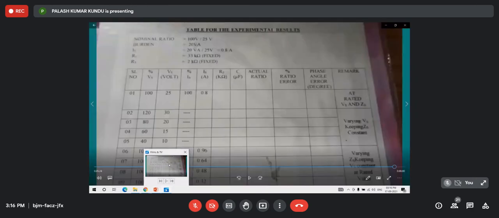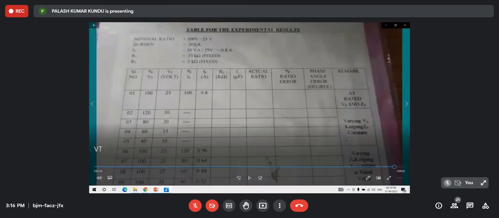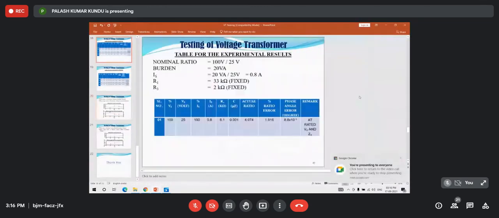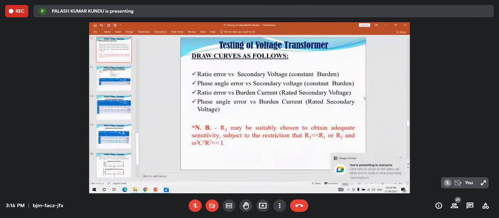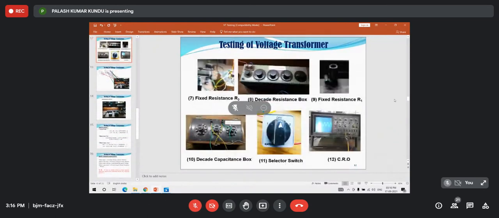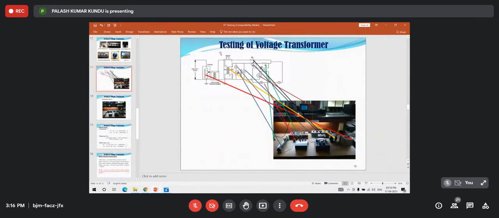Still now, if you have any questions, then you may ask. If any doubt appears from the presentation, this has already been given to you: how you perform the connection, and which slides are important because there are different colors.